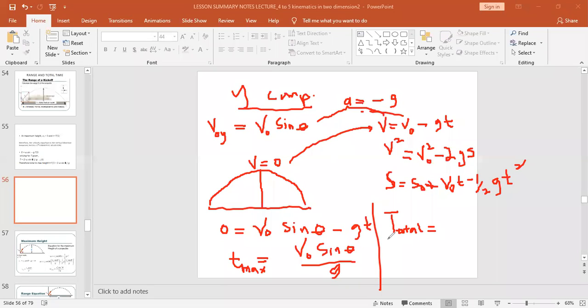Okay, good. So T total is just 2 times T maximum.